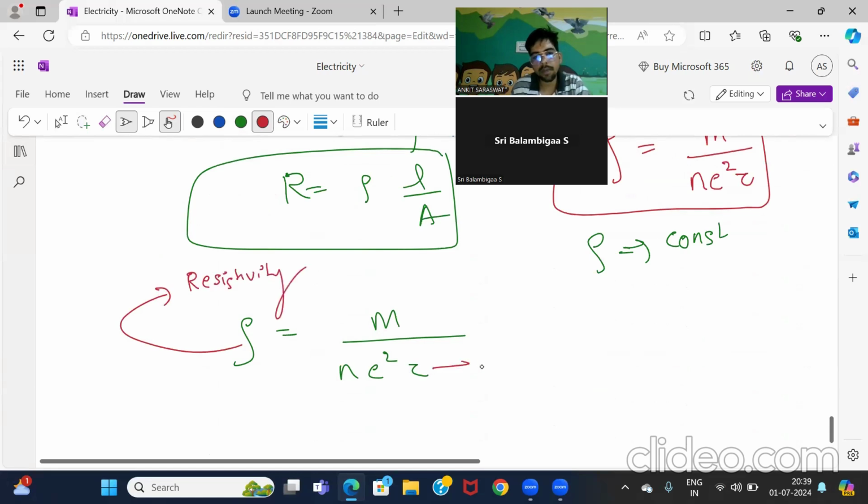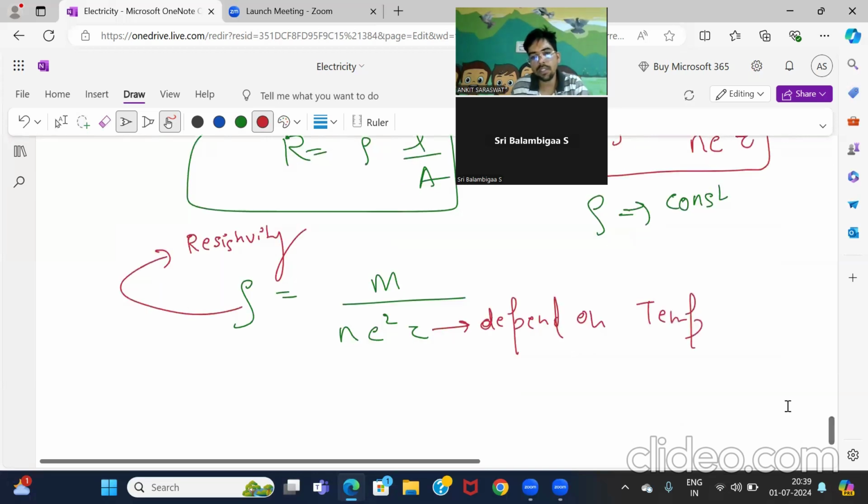And this depends on temperature. Tau depends on temperature. e never changes, the charge on the electron. n depends on material. Mass never changes.